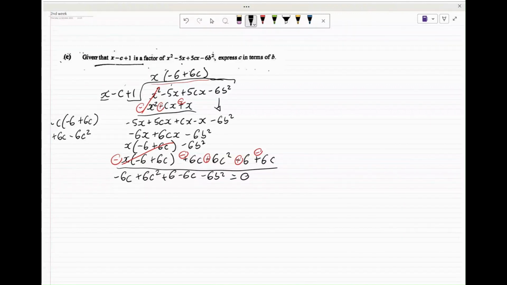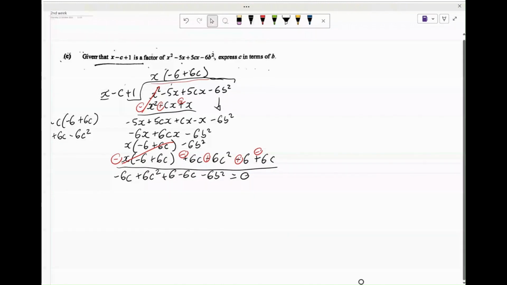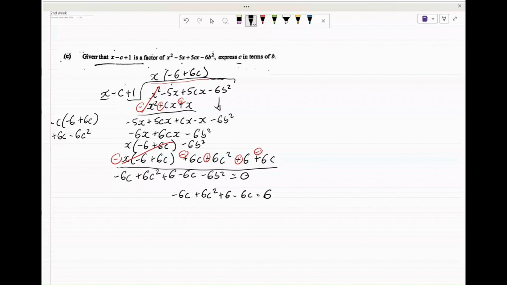And we can use that to our advantage because we can express c in terms of b. So if we take our b's to one side and all our c's to one side, minus c plus 6c squared plus 6 minus 6c equals 6b squared. We can divide everything by 6. Minus c plus c squared plus 1 minus c equals b squared.